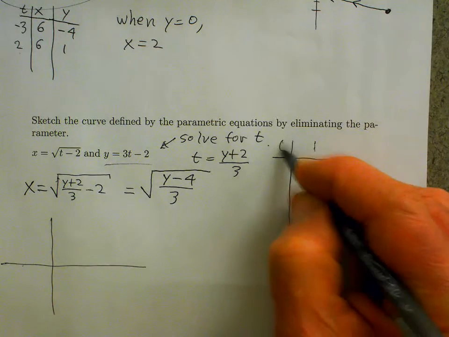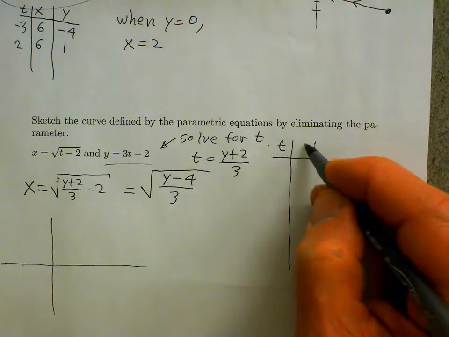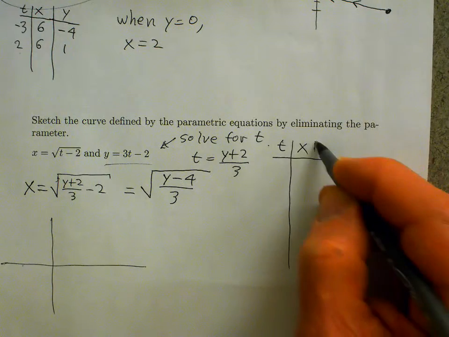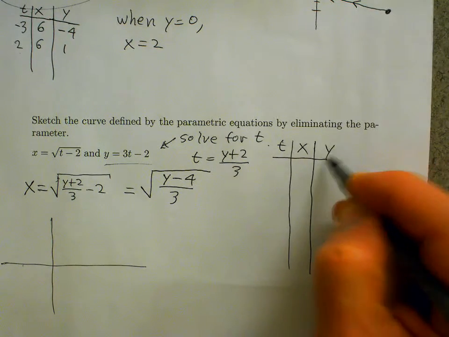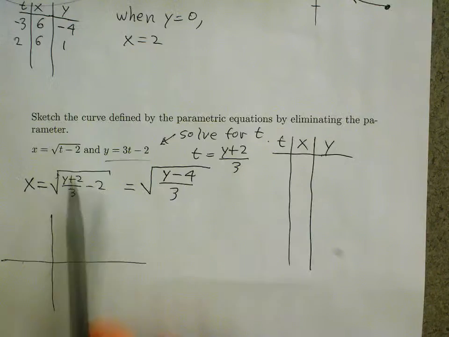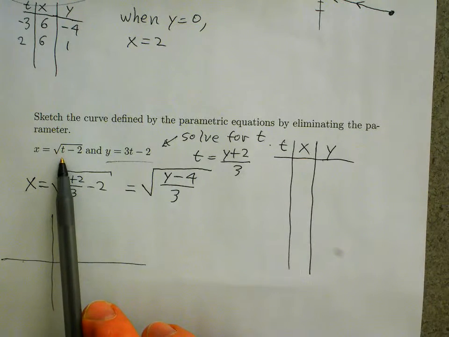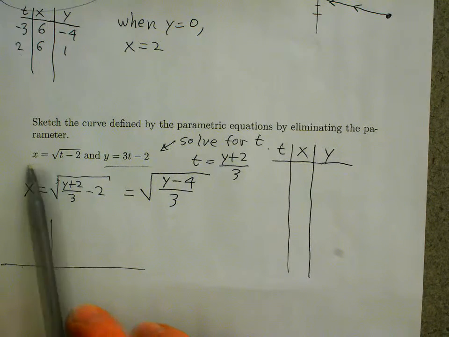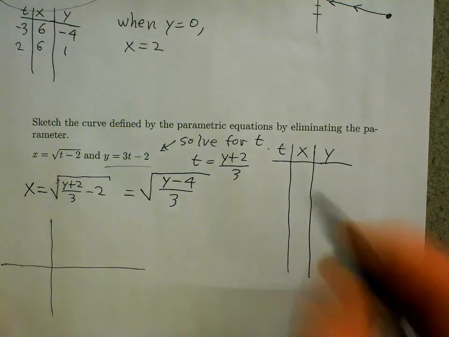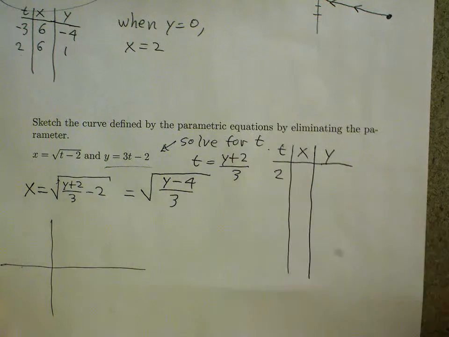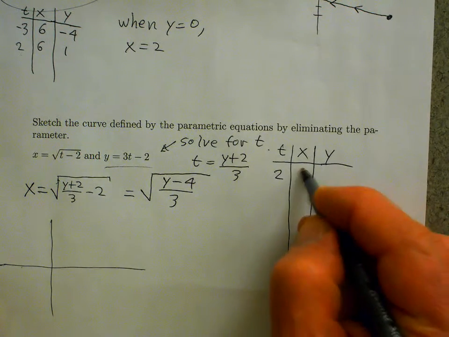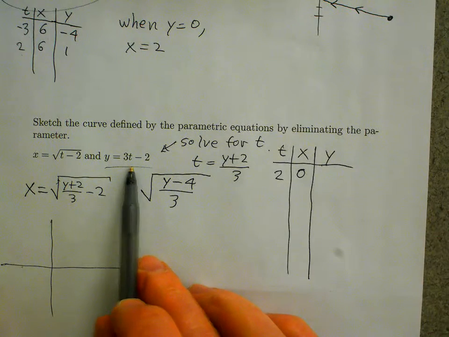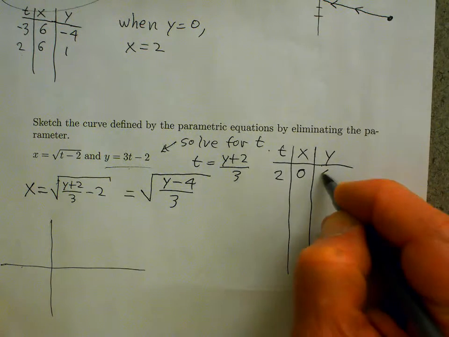So I'm going to plot a few points parametrically first. So the t-values have to be greater than or equal to 2 since x is the square root of t minus 2. So the smallest t-value is 2. The x-coordinate is 0, and the y-coordinate is 4.